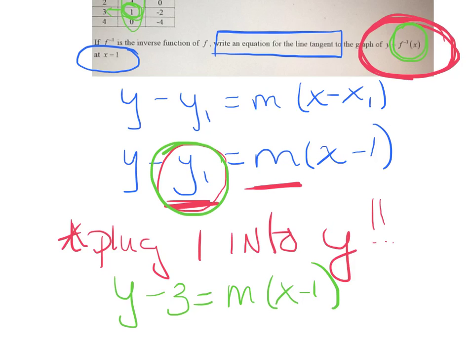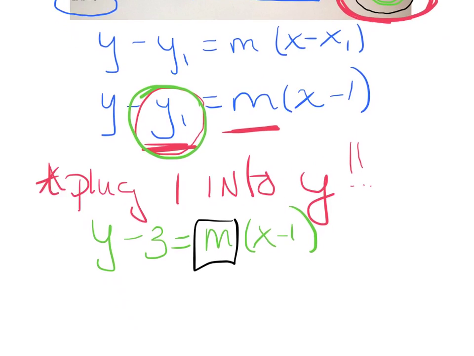Alright, I've got one more piece. I need to get the slope. So you'll notice that means take the derivative, and I'm doing it of the inverse. So I'm going to show some work off to the side and say the derivative of f inverse of x equals 1 over f prime of f inverse of x.